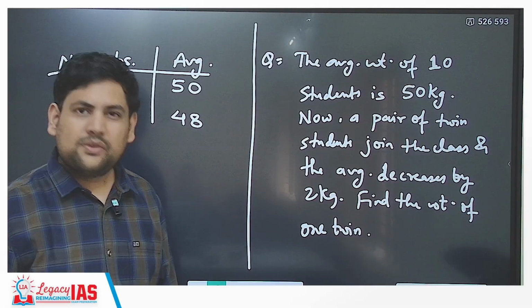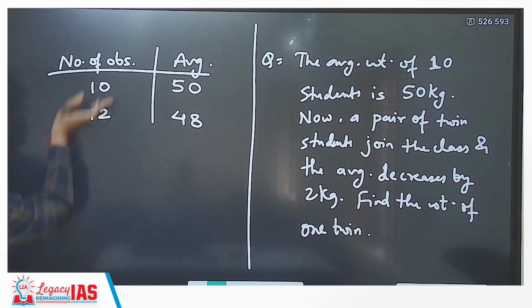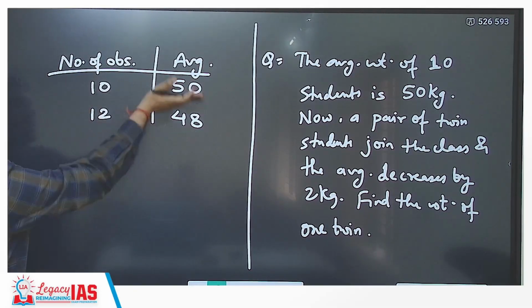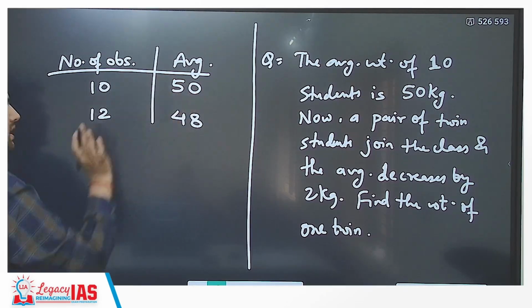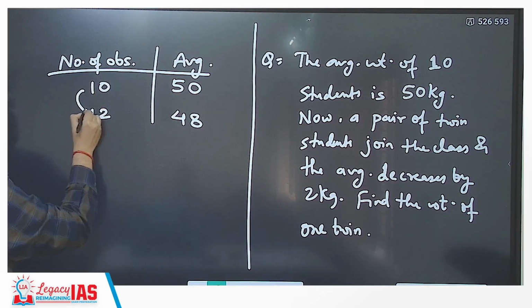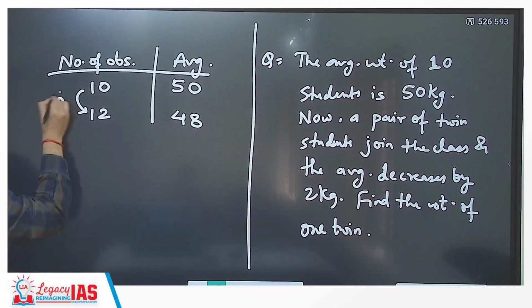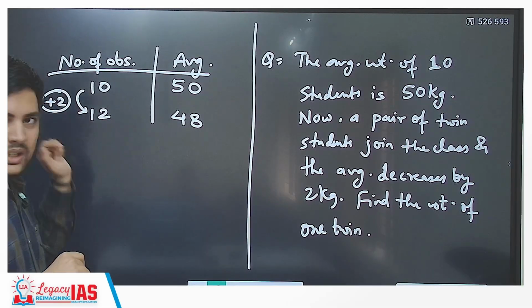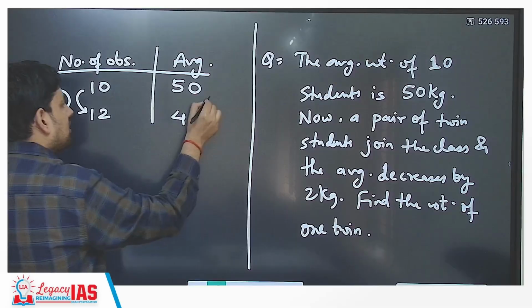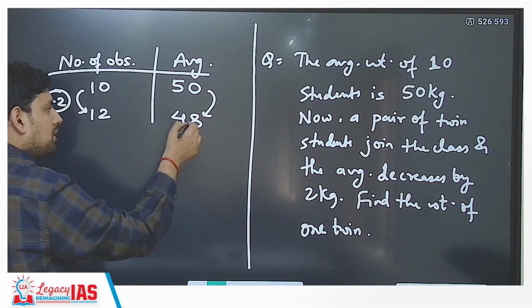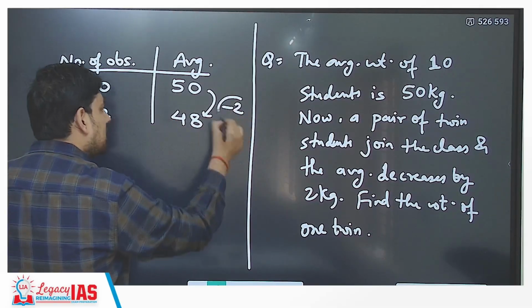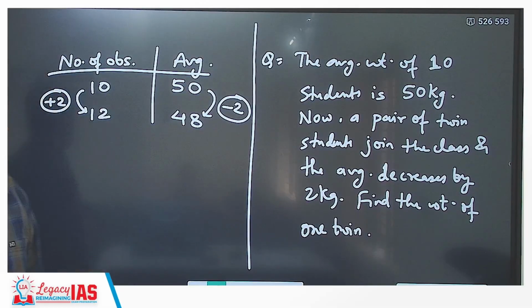Now, what was the process we were following? This is an order, correct? This can be plus or minus, does not matter. So 10 and 12. What is the difference here? Plus 2. So observation is increasing by 2. Then average is not in positive but in negative, so this is getting decreased by 2. Making two smileys like this.